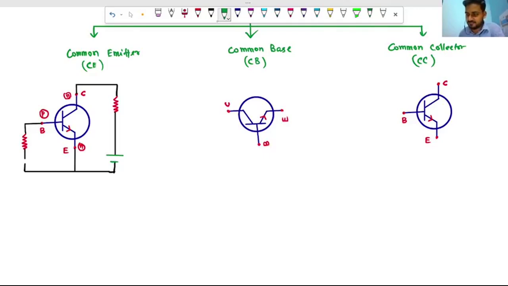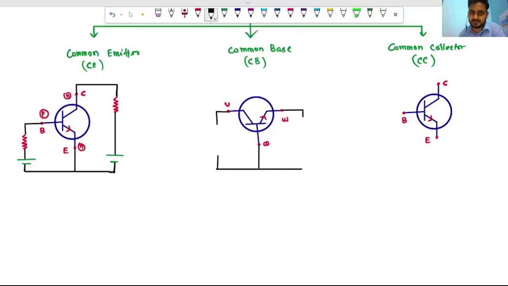And what will be the case for this base? It will be positively biased, forward biased. When the base is common, biasing will be common from this base. So like this, I will connect a resistance and battery here.